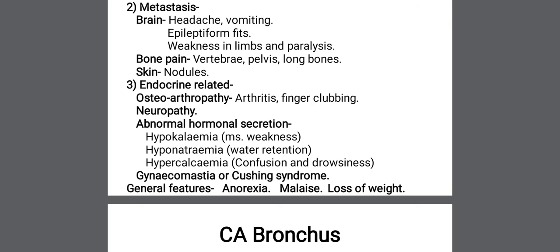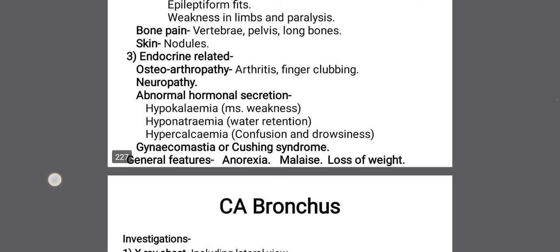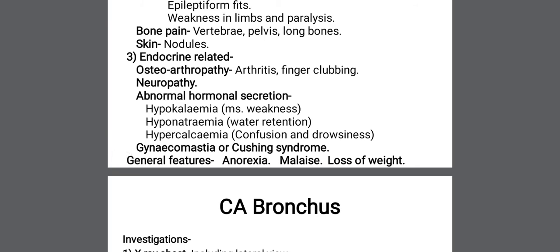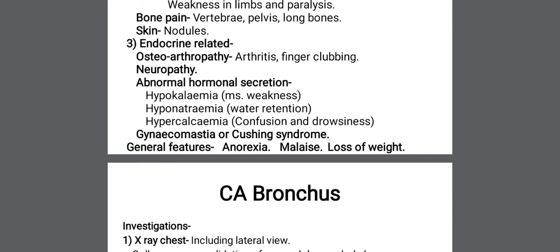Some symptoms arise because of abnormal hormonal secretion: hypokalemia will cause muscle weakness, hyponatremia will cause water retention, and hypercalcemia will lead to confusion and drowsiness. Some other endocrine related symptoms like gynecomastia or Cushing's syndrome are also present. And general features like anorexia, malaise or loss of weight are also present in CA bronchus.